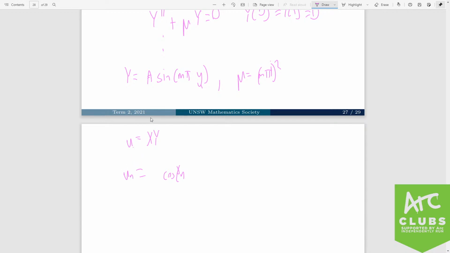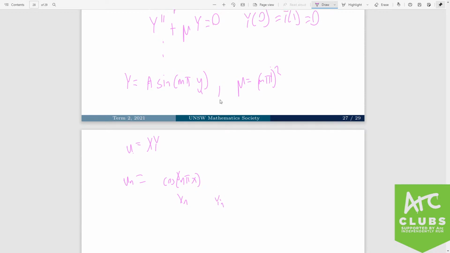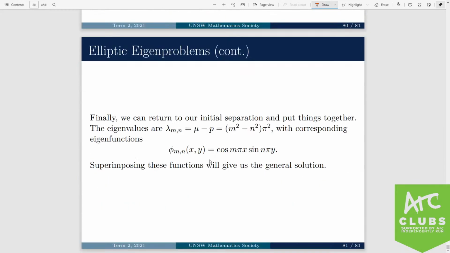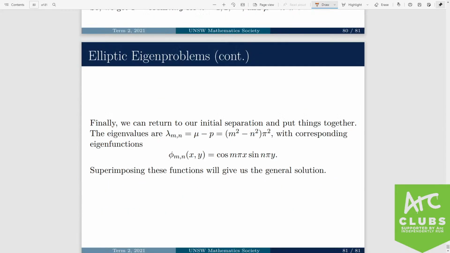So the eigenfunctions are cos n pi x, which is the x part, and then the Y part was sin m pi y.